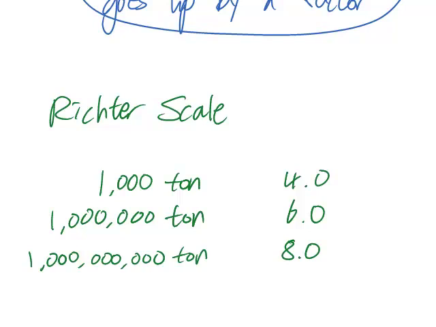Well, first of all, saying 1 billion ton is kind of annoying. 8 is a little easier, but then that's just me being lazy. Also, if you look at the actual Richter scale and what people would do when they hear the news, a 4 is bad, but it's not too bad compared to an 8. In fact, an 8 is much, much worse than a 4.